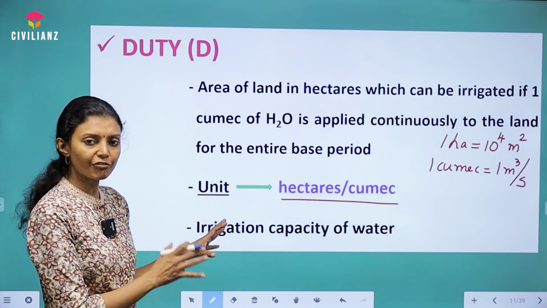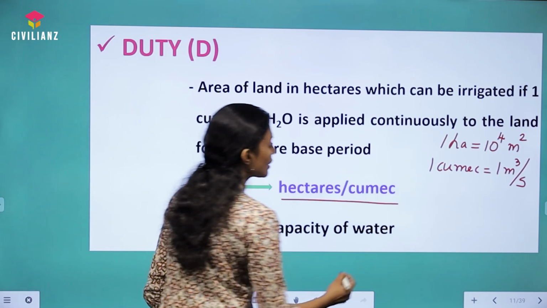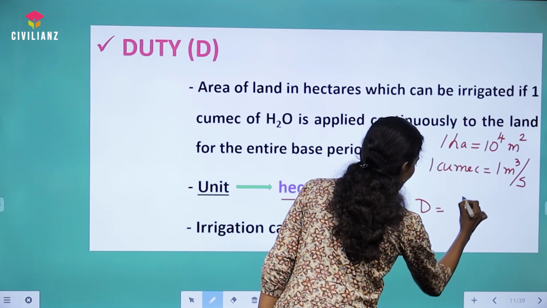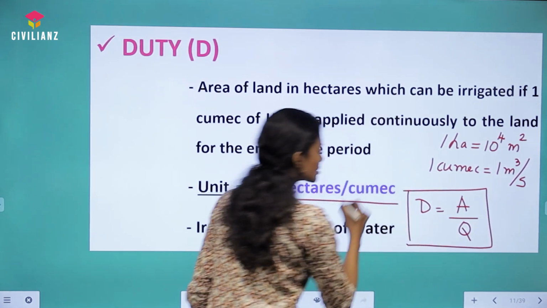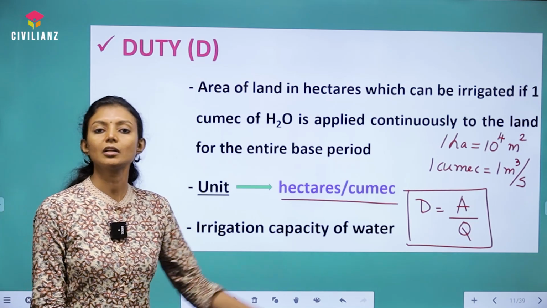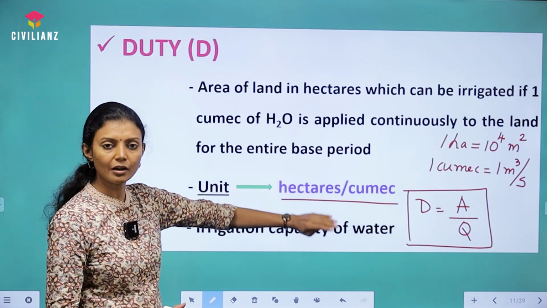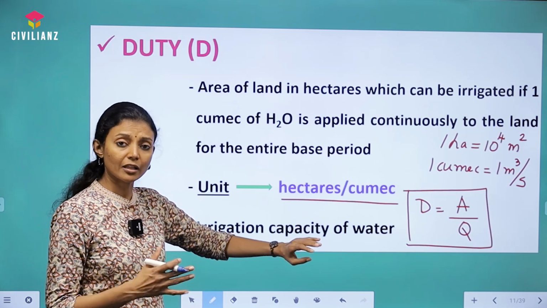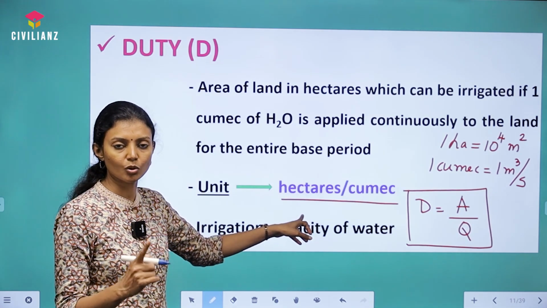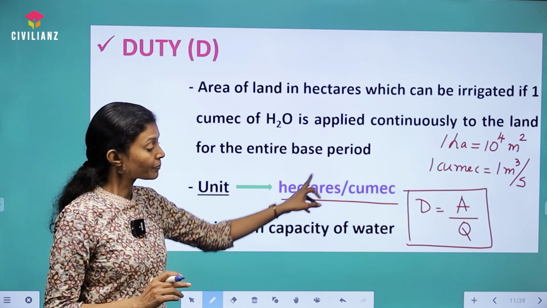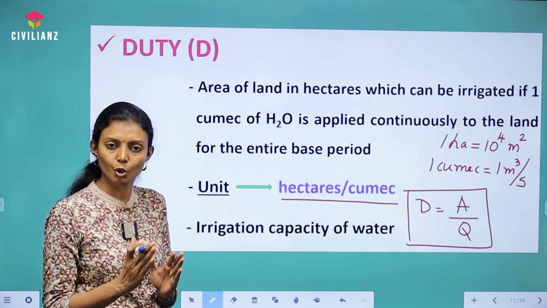So, from this unit, you can derive a ratio or an equation, that is duty is equal to area divided by discharge. This understanding is very important while solving the problems. So, duty is area divided by discharge, and the unit of area used here is hectare, which is 10 raised to 4 meters square, and the discharge unit is cubic, that is 1 meter cube per second.